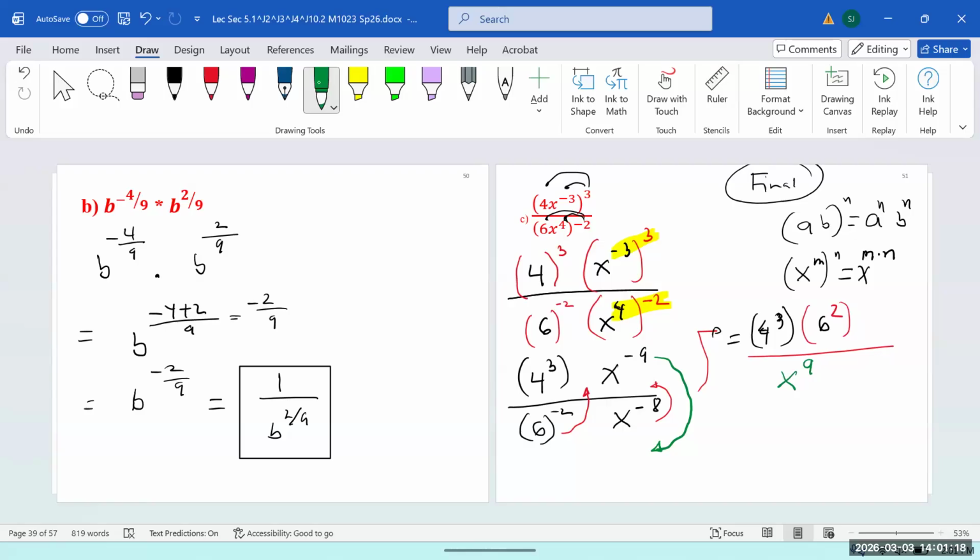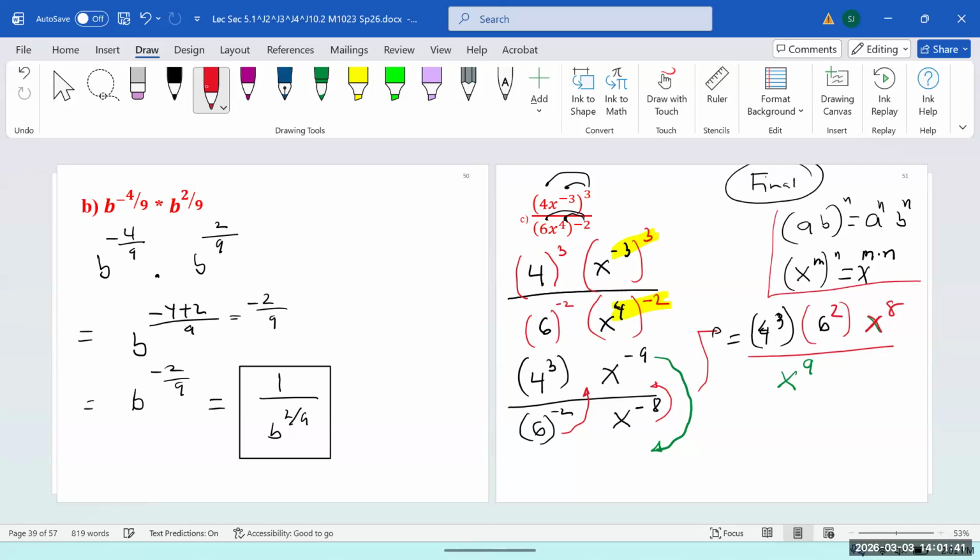Then on the denominator, 8 has a problem, so we bring it up, and the problem is solved. Every negative sign, switch them around, change their position, the problem will be solved. So that was our second rule.